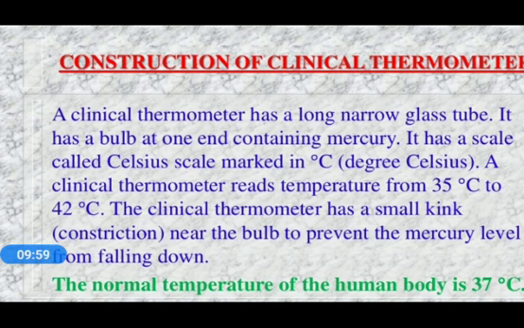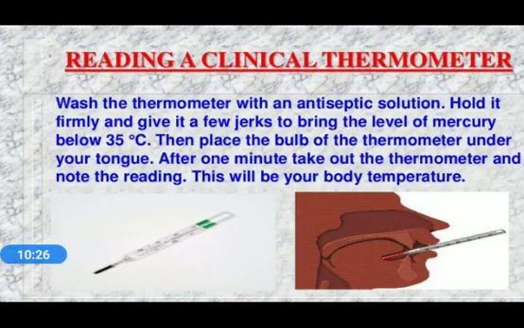So whenever we manufacture a clinical thermometer, we take the initial reading of the measuring scale from 35 degrees Celsius. And what is the maximum? It is about 42 degrees Celsius. That's why the range of a clinical thermometer is from 35 degrees Celsius to 42 degrees Celsius.